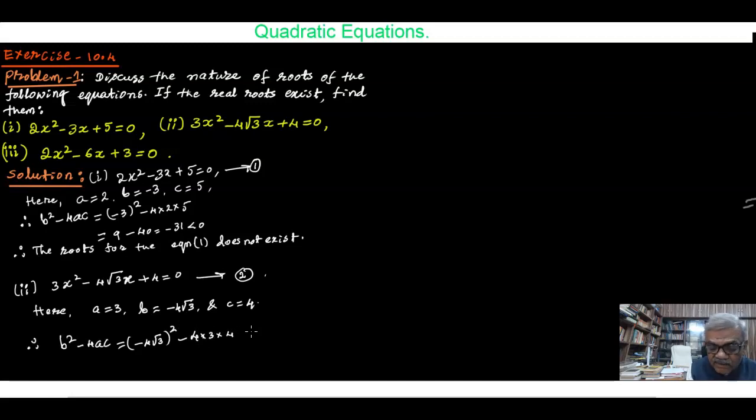The square of the negative quantity is positive, 16 into 3, 48, minus 4 into 3 into 4, 48. That is 48 minus 48, which is 0.